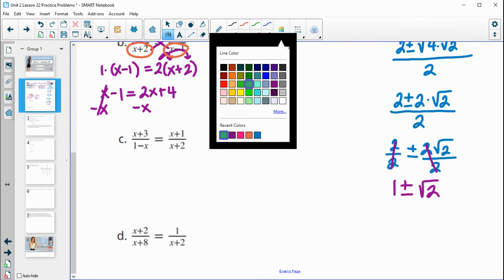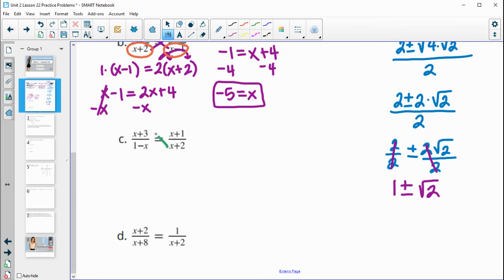All right, next one. Again, we'll do the cross multiplication. So we'll multiply the x plus 2 up here. So we get x plus 3 times x plus 2. And then equals, so now we'll multiply this up. So we have 1 minus x times x plus 1.